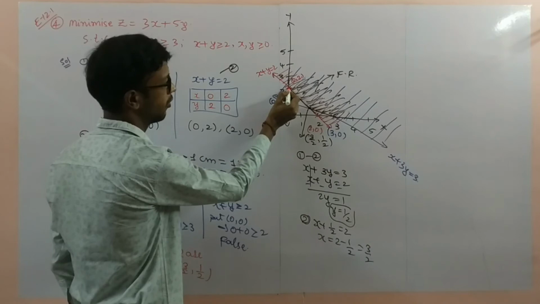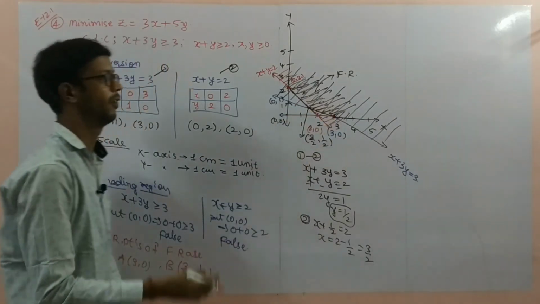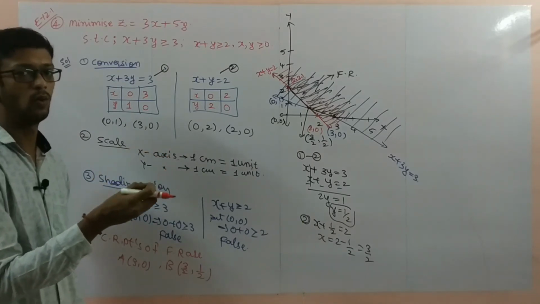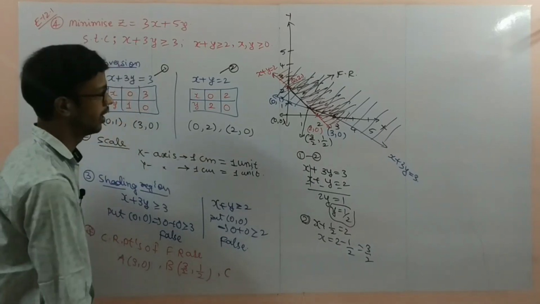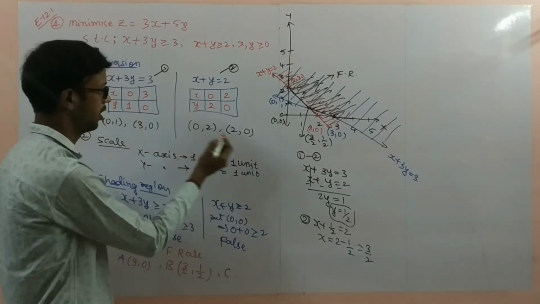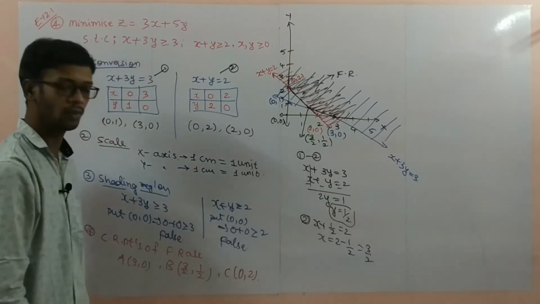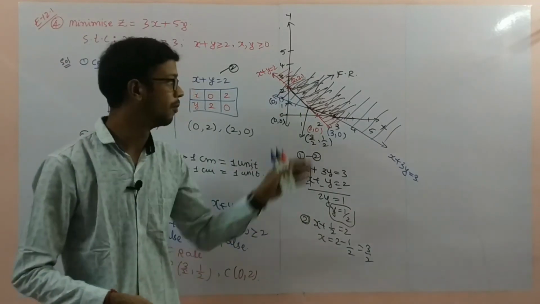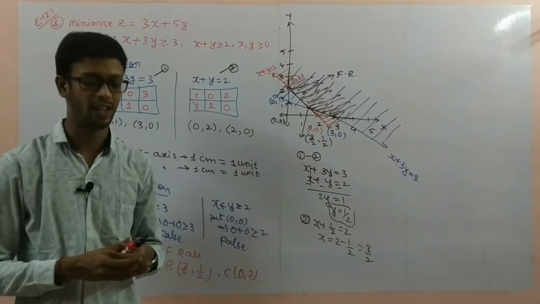You observe this is one corner point, this is one corner point, here also one corner point. The corner points are intersection points of the two constraint lines. This is an unbounded feasible region, whereas the previous problem had a bounded feasible region.